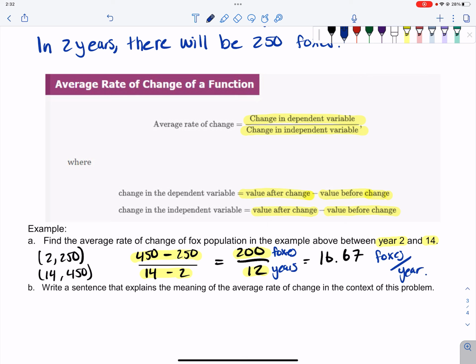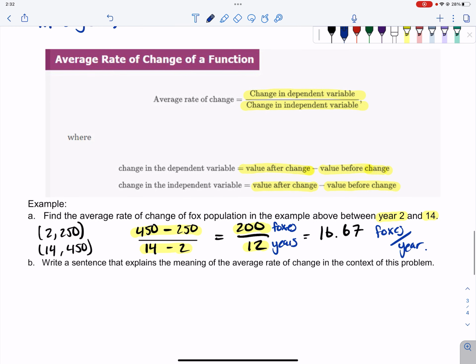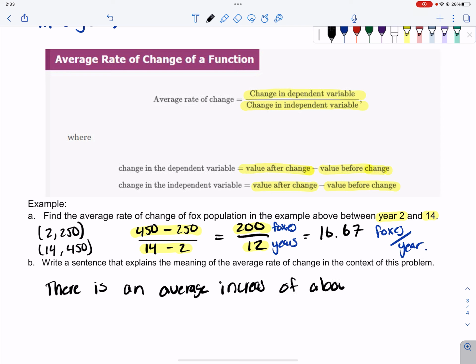That also helps to explain what this average rate of change means in a sentence. We could say that there is an average increase of about 17 foxes each year at the wildlife preserve.